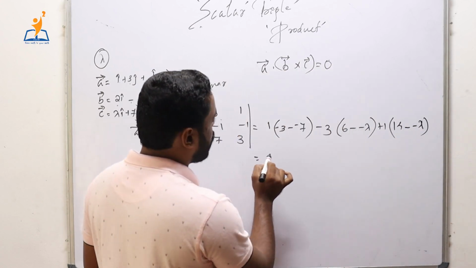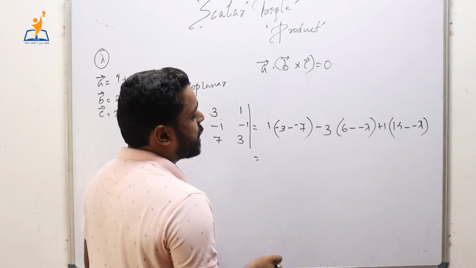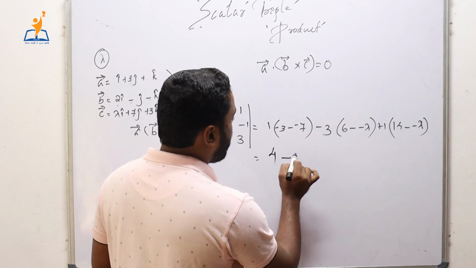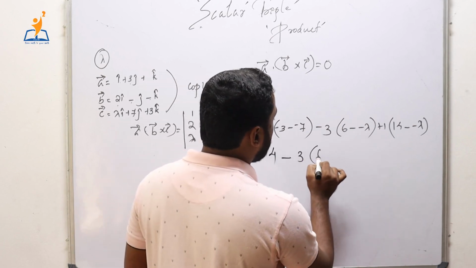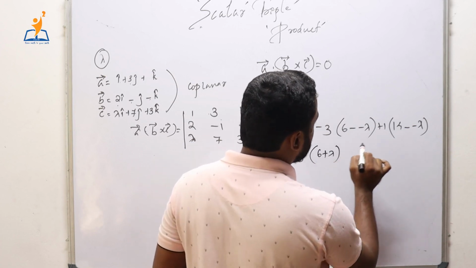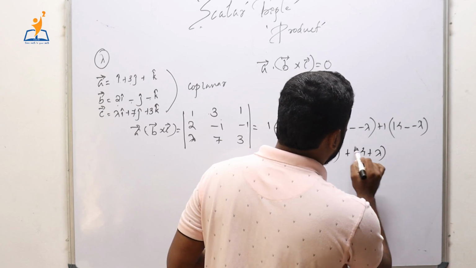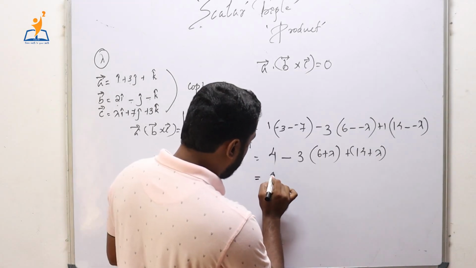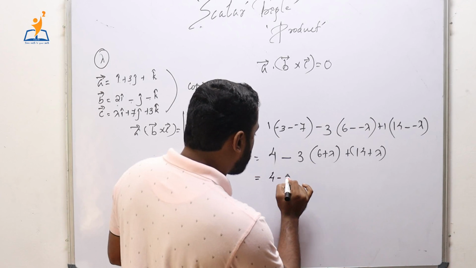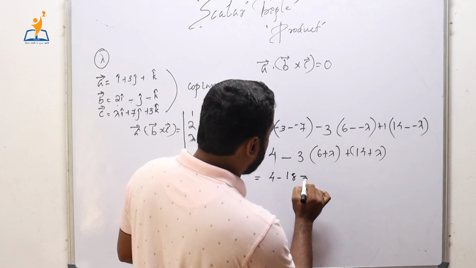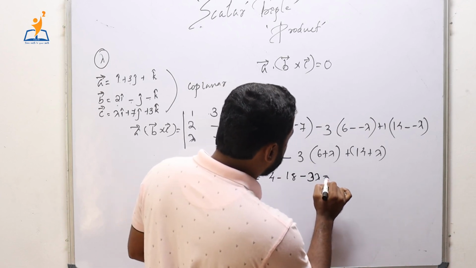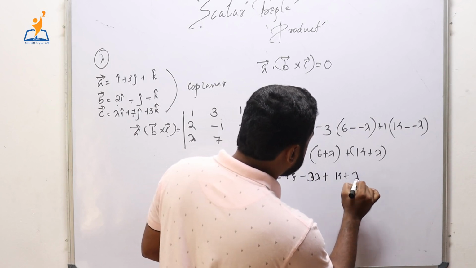So it is equal to 1 into minus 3 plus 7, which is 4, minus 3 into 6 plus lambda, plus 1 into 14 plus lambda. So we can simplify this as 4 minus 3 into 6, 18 minus 3 lambda, plus 14 plus lambda.